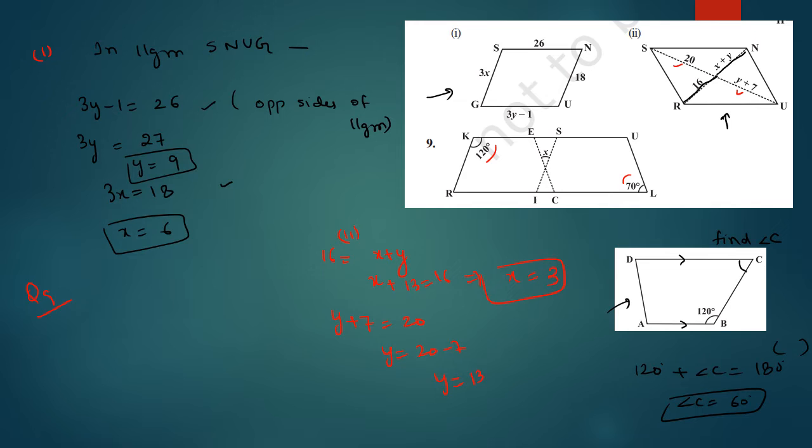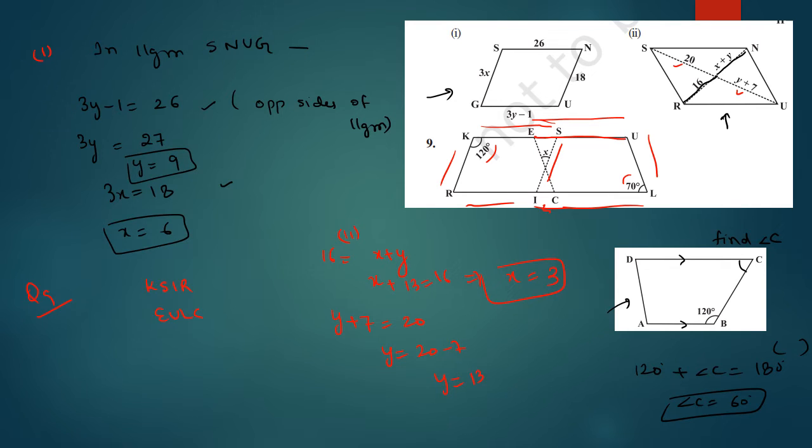Whereas if you see only KSIR, this is one parallelogram, and EULC, this is another parallelogram. Okay, let me draw it for you.